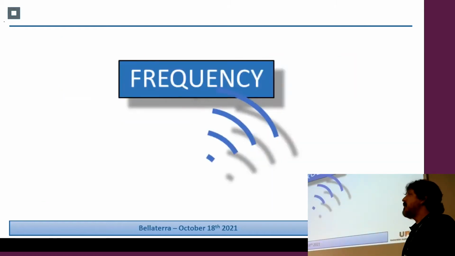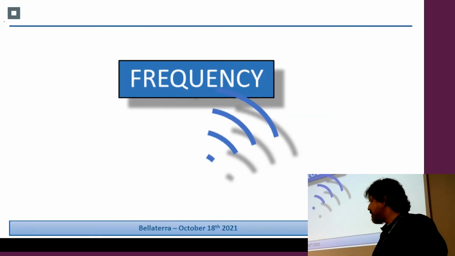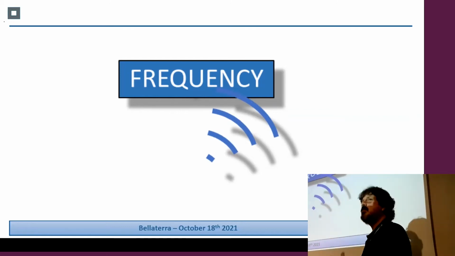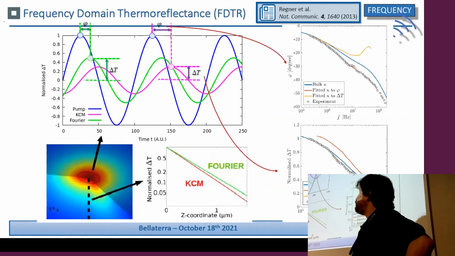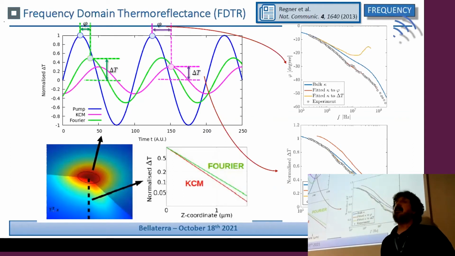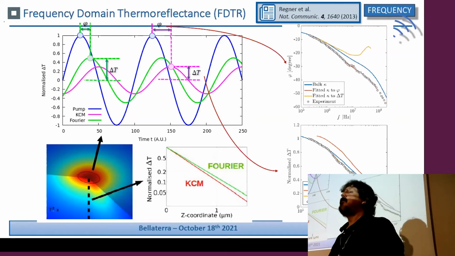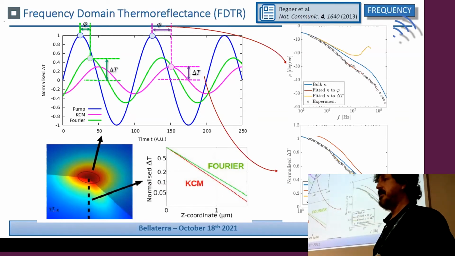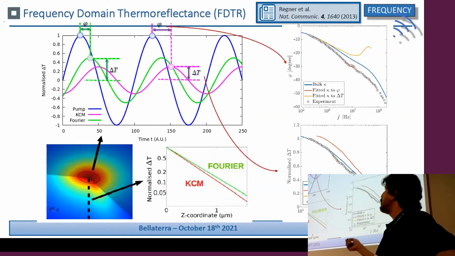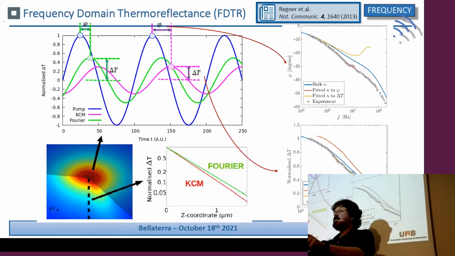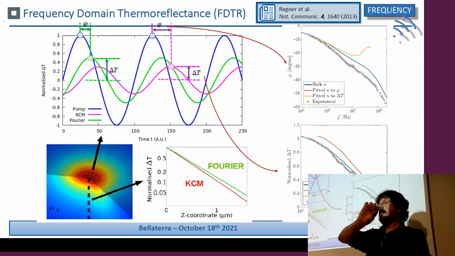Okay, let's talk now about what happens with the frequency. What happens with the change in the thermal conductivity with the frequency? Well, for this, we have used frequency domain thermoreflectance experiments. Let's see what this is for those who don't know this experiment. You just have a substrate with a transducer on top.